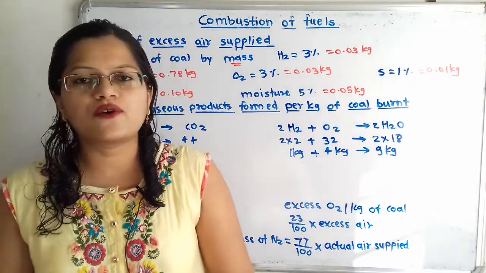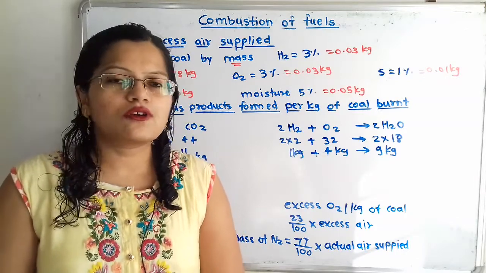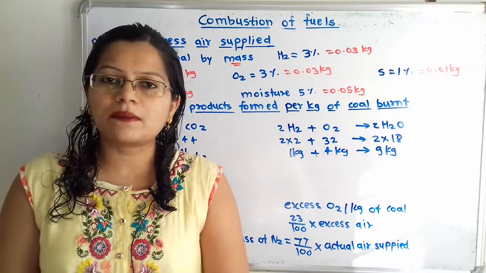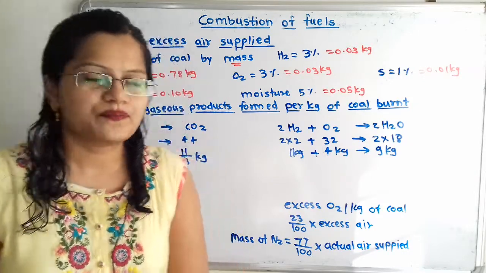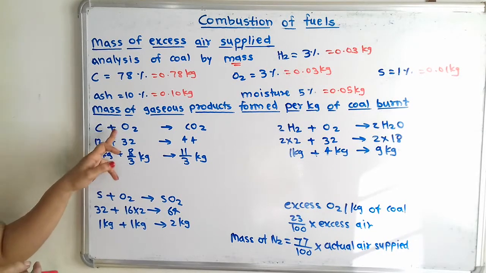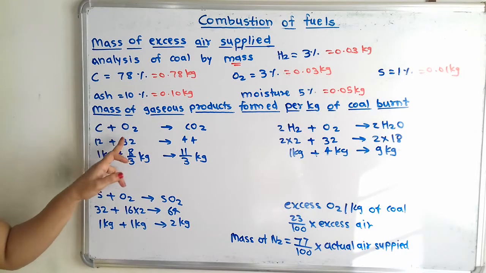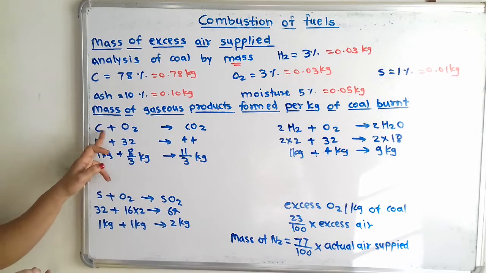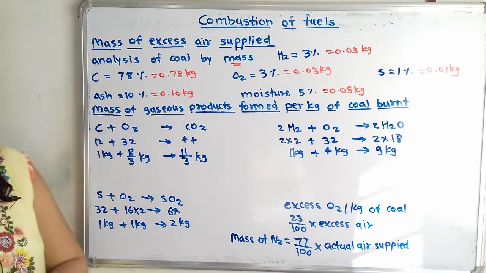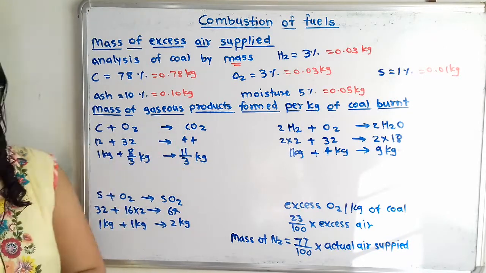So how do we take the fuel analysis by mass? For that we refer to the molecular mass, or atomic mass, of the products. Carbon has mass 12. Then oxygen O2 has molecular mass 32. When carbon combines with oxygen, it gives CO2, that is 12 plus 32, which is 44.